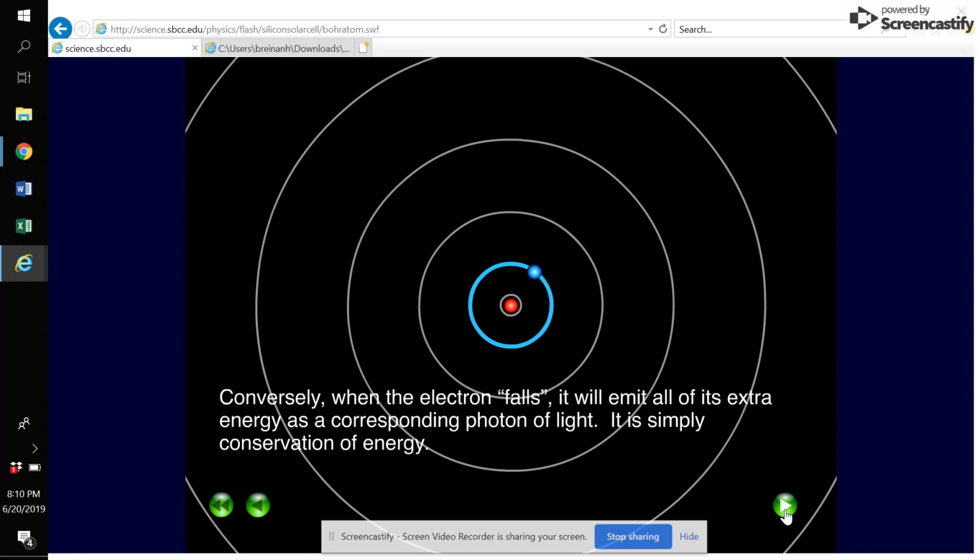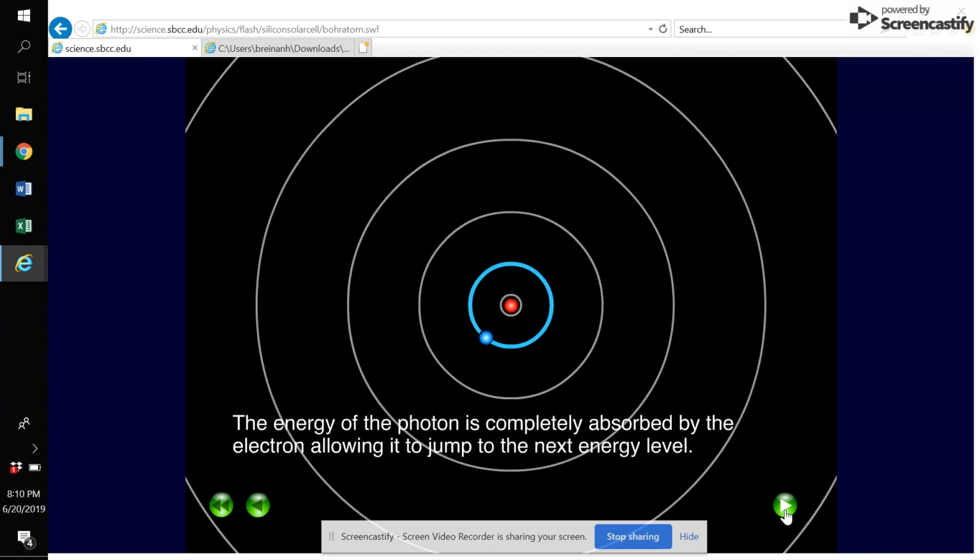Did you see the photon released as the electron lost energy? Watch as another photon comes in to excite the electron again. Did you notice that this photon was a different color and the electron got excited to a different level?